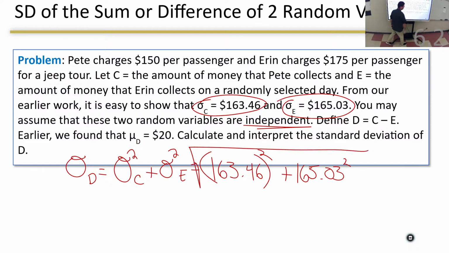And then I have to take the whole square root of that. So you're going to go to your calculator and enter 163.46 squared plus 165.03 squared, to the 1/2 power, or square root the thing, or whatever you have to do to find the square root of that.